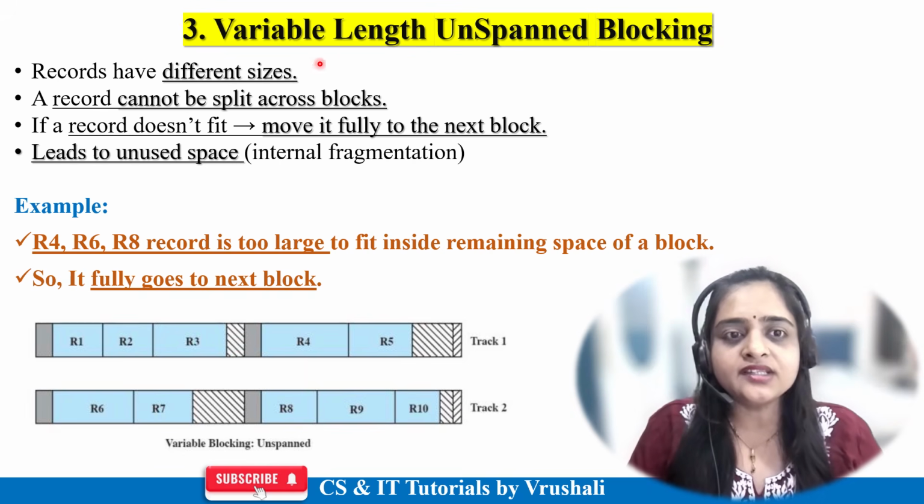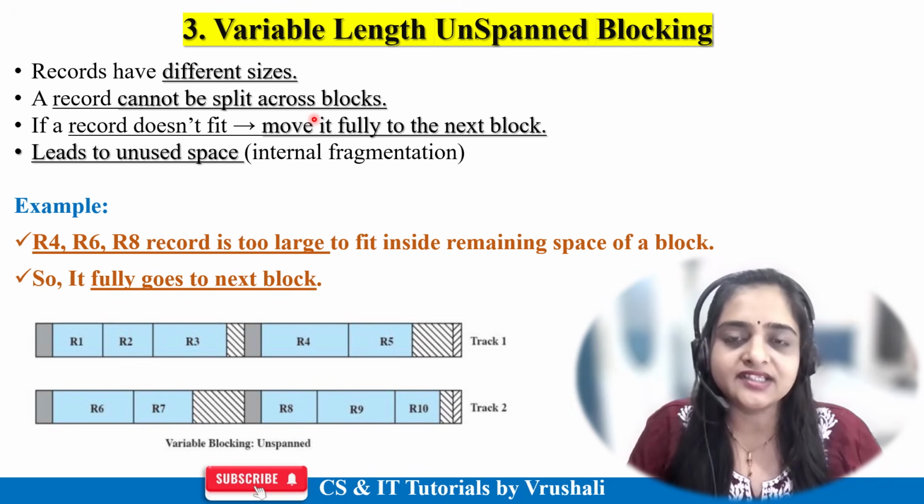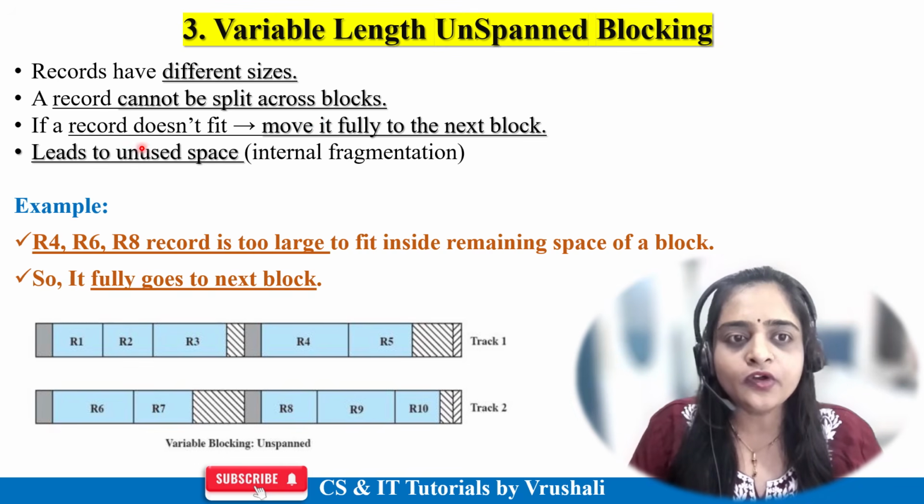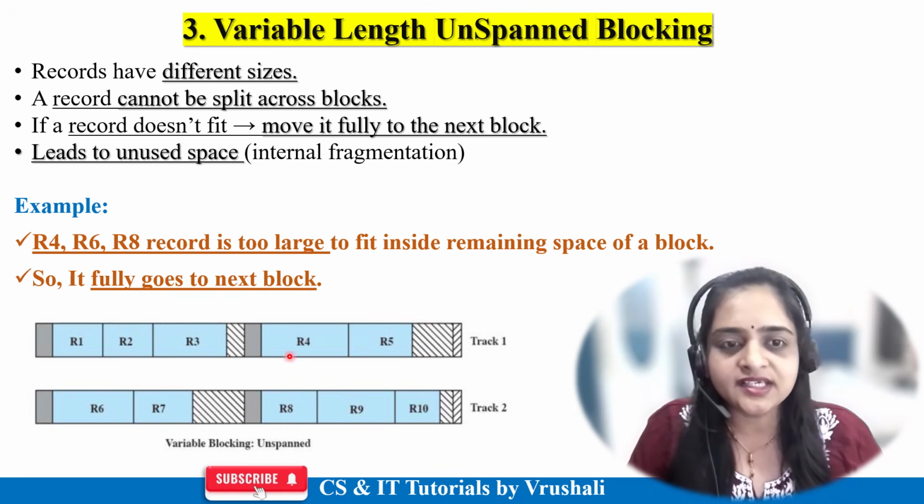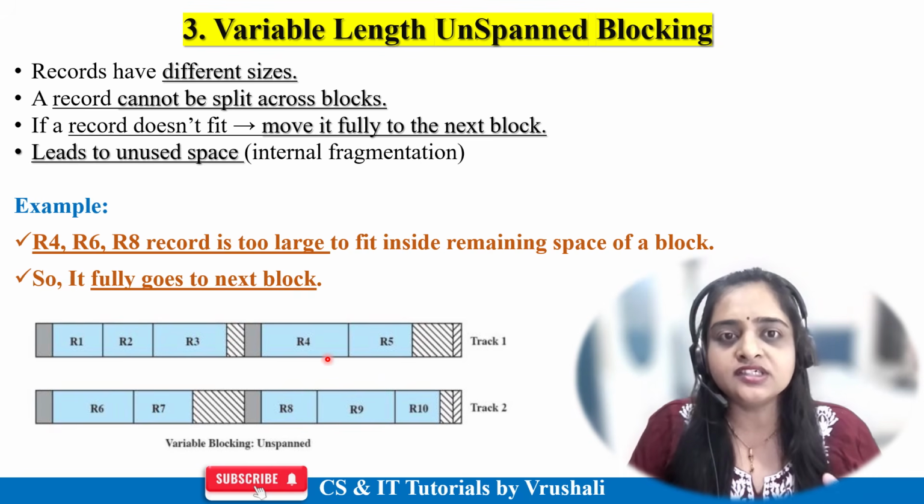And this method cannot use the splitting method. They can't split the record into two blocks. So if your record doesn't fit properly in this block, move it fully to the next block. See here, this record is moved fully into the next block. This is called variable length unspan blocking.